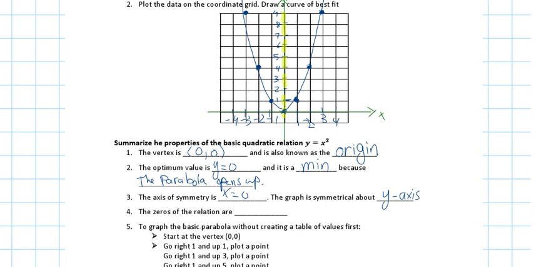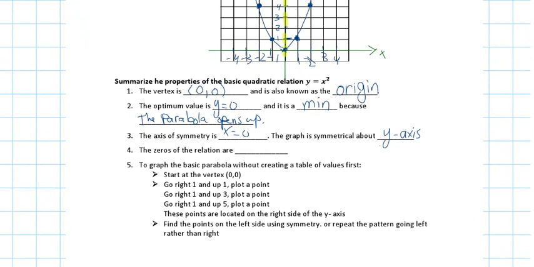My graph is intersecting the x-axis at 0, 0. So you can write it as the zeros of the relation are x equals 0, or you can write the point. You don't have to do both of them. You can pick.